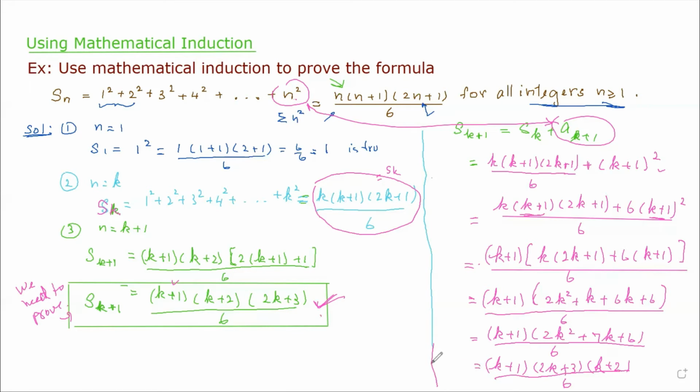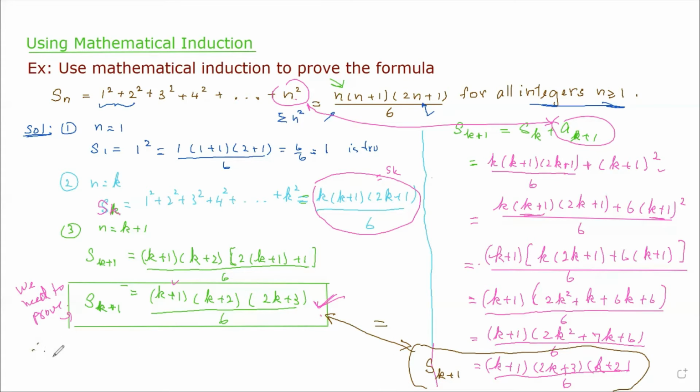So this side is what? It's S_{k+1}. So you see this, right? The whole thing here is the same as the one we need to prove, they're equal. Okay, so that's the proof.